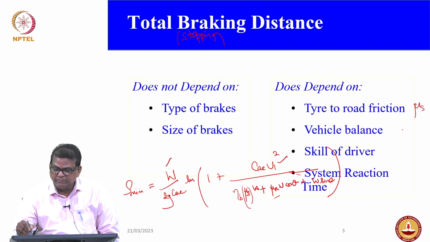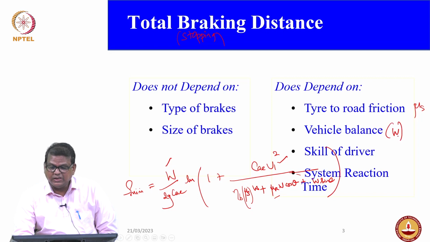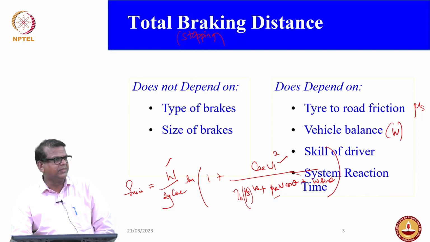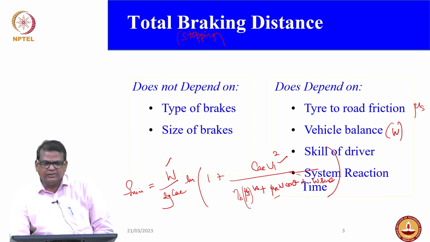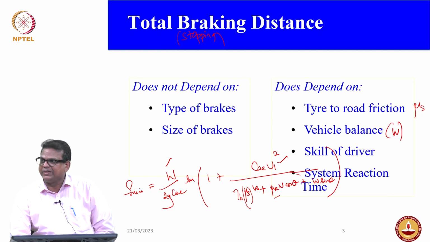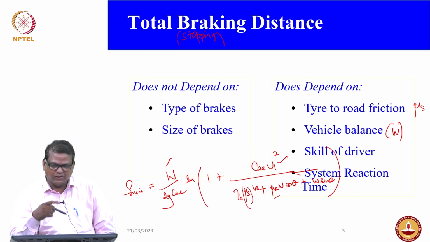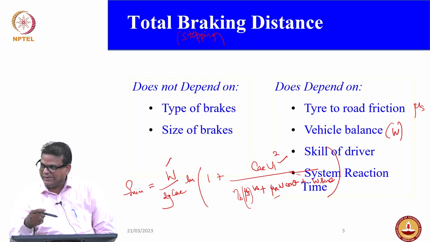Then the vehicle load, including W, and the maneuvering skill of the driver is very critical for your total braking distance, and on top of that the reaction time. When you want to apply the brake, that reaction time along with the distance is also very critical.